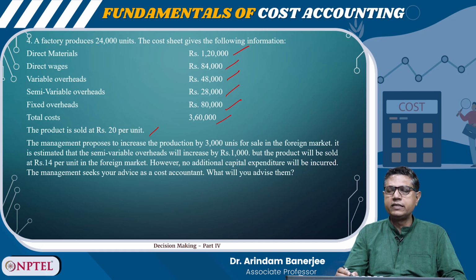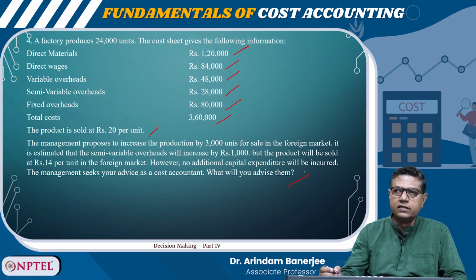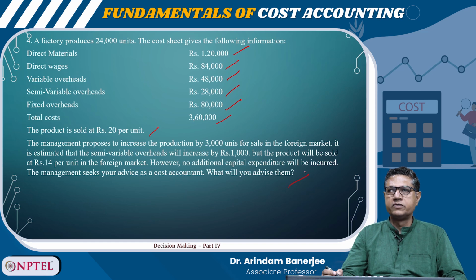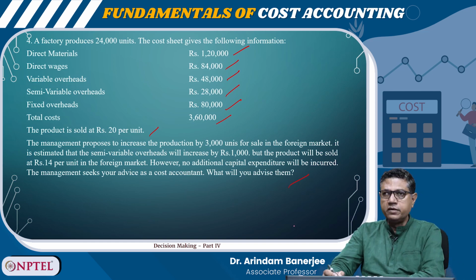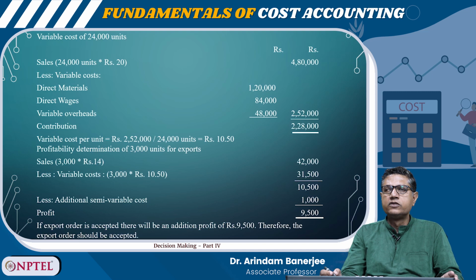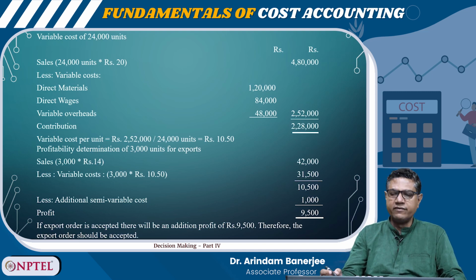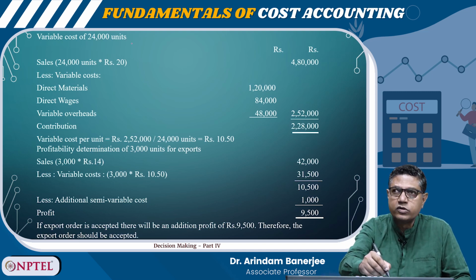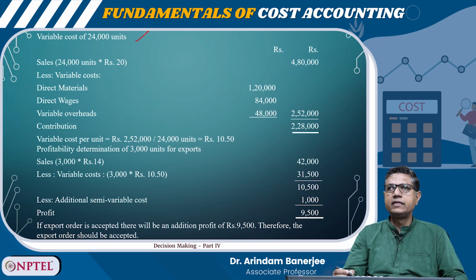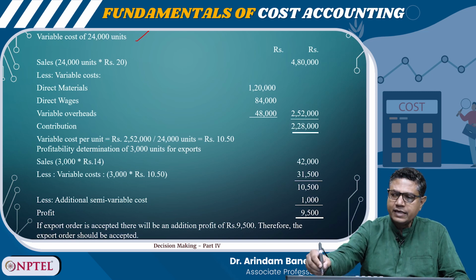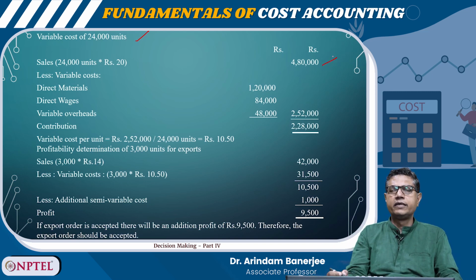The management seeks your advice as a cost accountant. What will you advise them? So, this is the question, right. Now let us go to the solution. So, variable cost is given at 24,000 units. So, sales is 24,000 into rupees 20 per unit. So, it comes to 4,80,000, right.